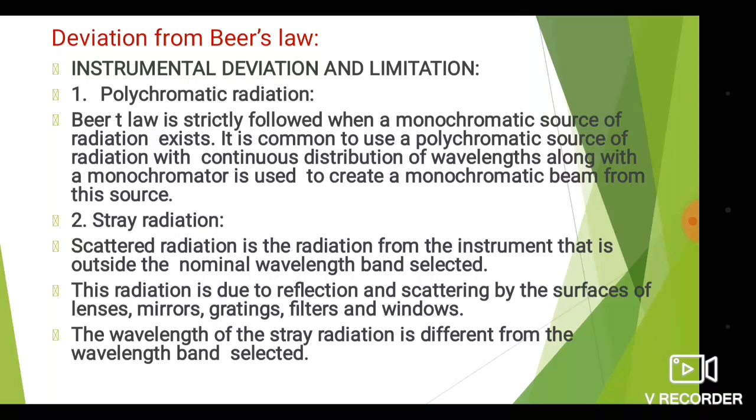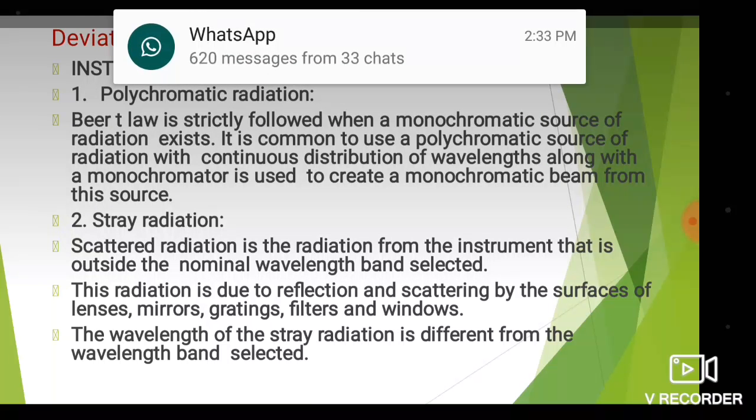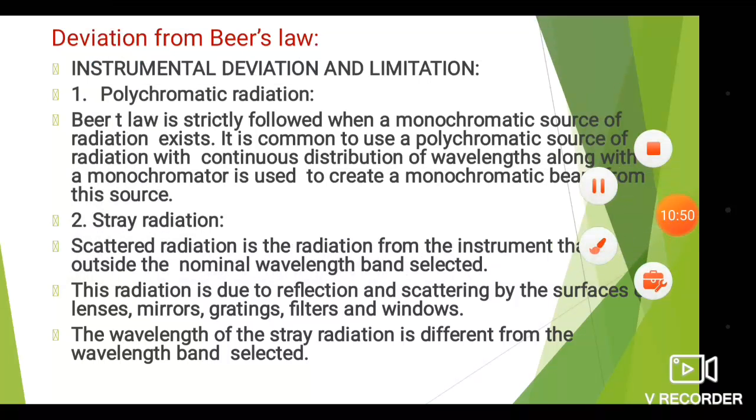This radiation is due to the reflection and scattering by the surfaces of the lenses, mirrors, gratings, filters, and windows. These are the optical instruments, so reflection of the radiation also occurs. Due to this, the deviation also occurs.